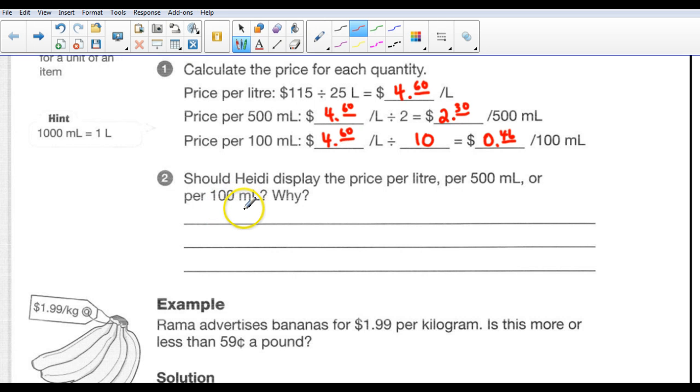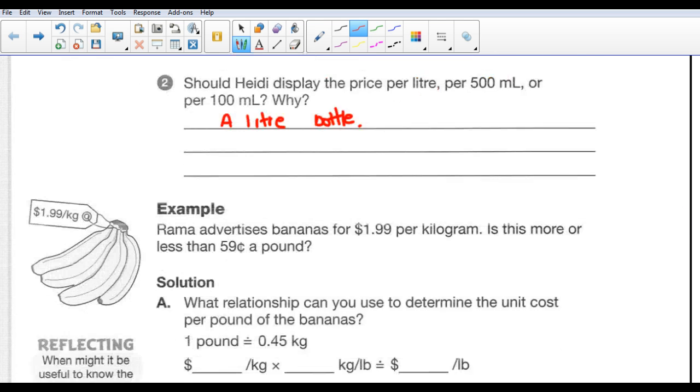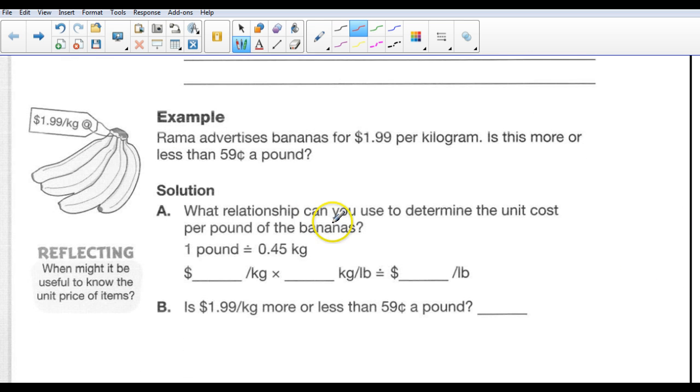But most people buy things in a liter bottle. Okay, so I would say that a liter bottle because it's more realistic.